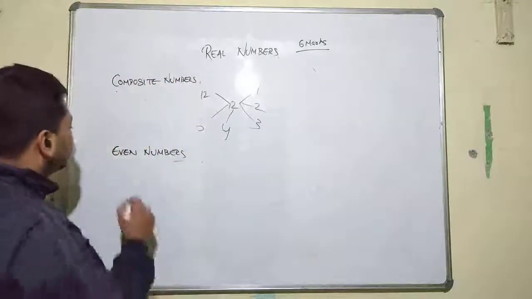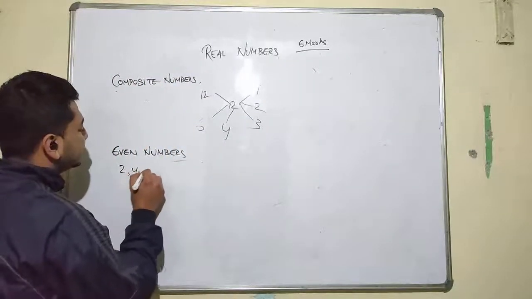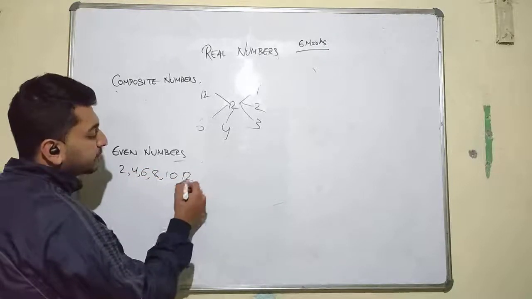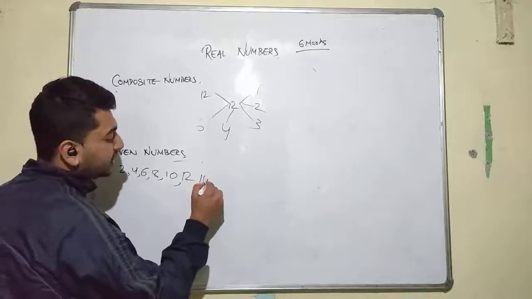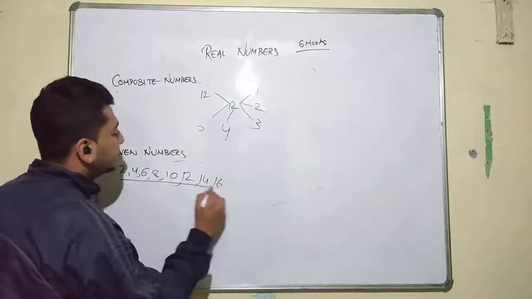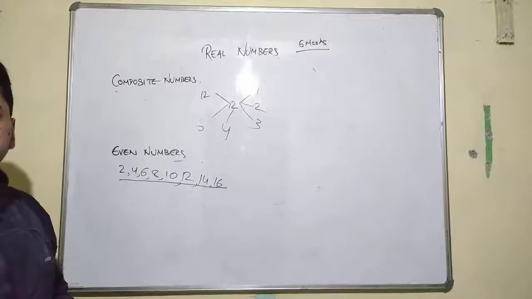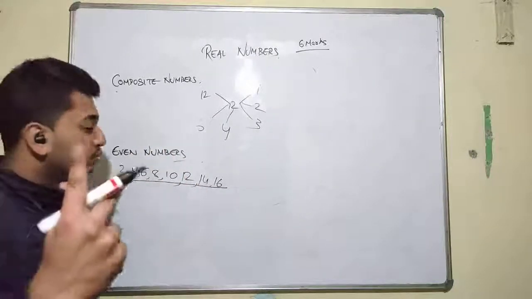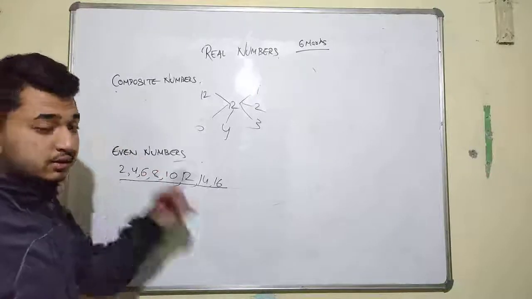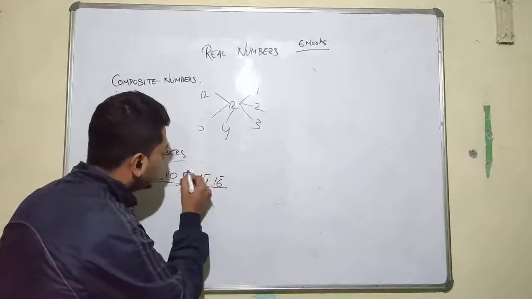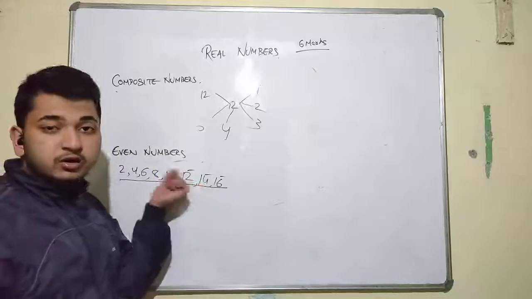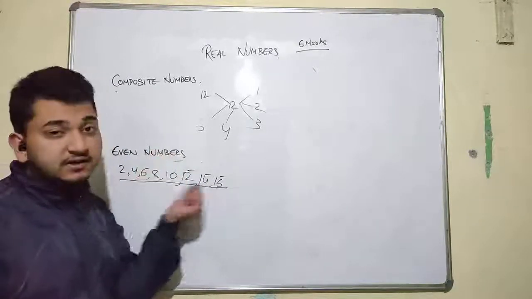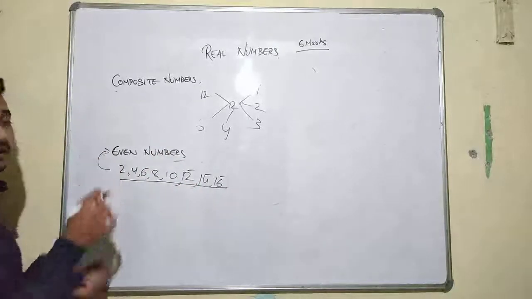We all know 2, 4, 6, 8, 10, 12, 14, 16 are all even numbers. The numbers which are divisible by 2 have 2 as a factor. 2, 4, 6 are multiples of 2, so they are even numbers.